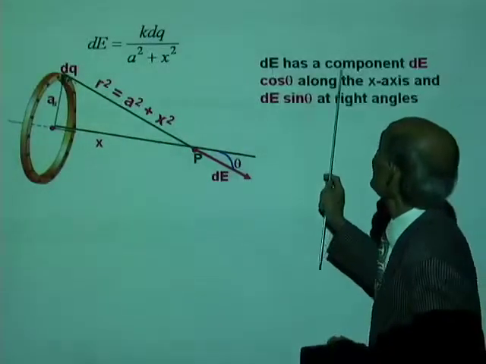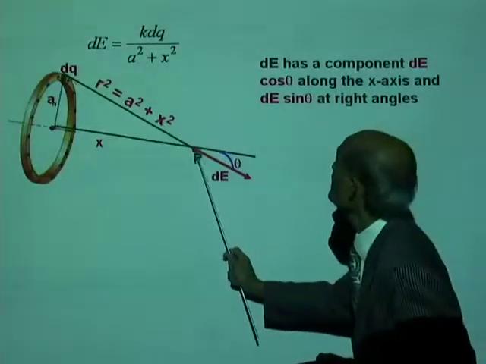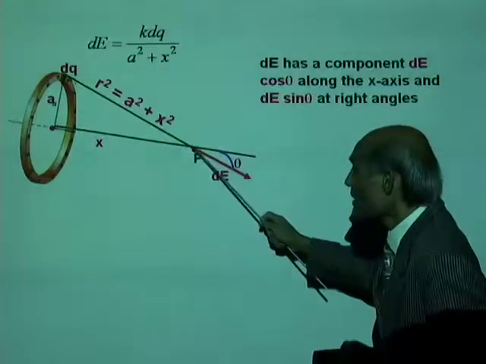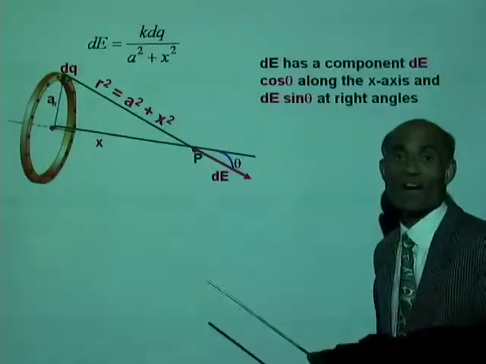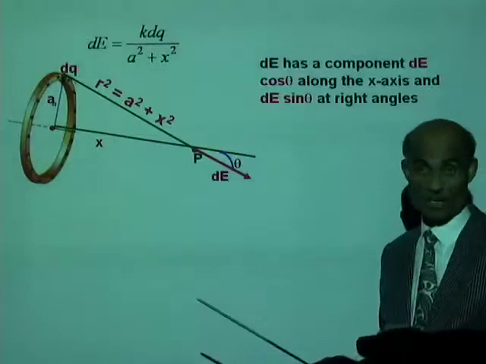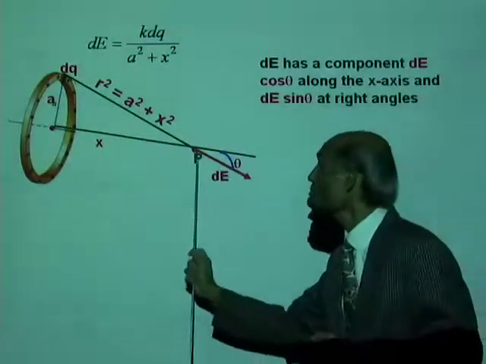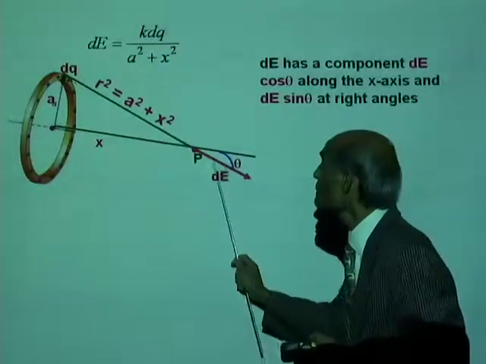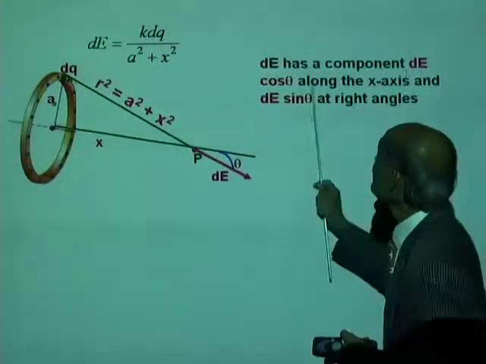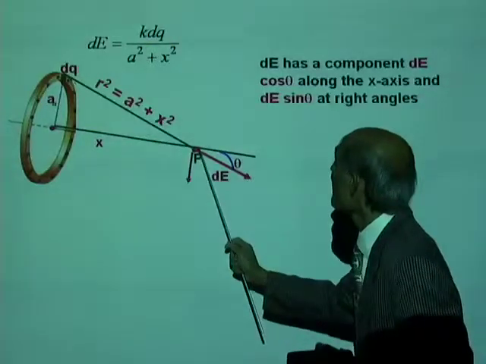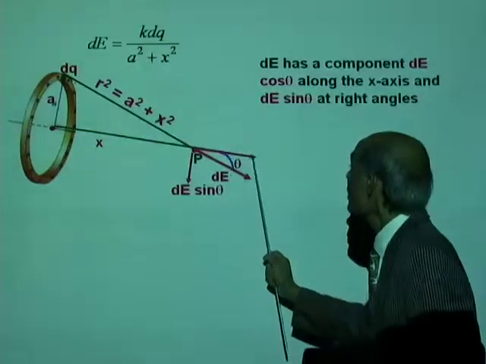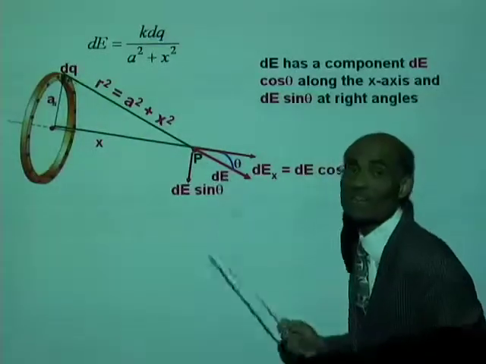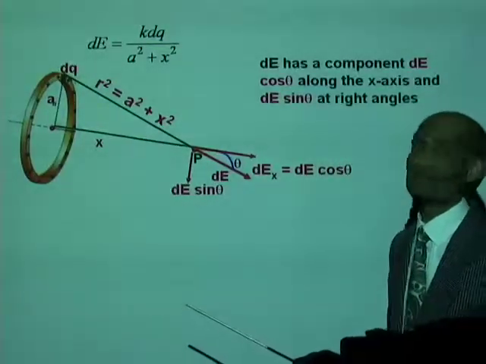Okay? dE has a component dE cos theta along the x-axis and dE sine theta at right angles to the x-axis. Is that right? Now you know how to break a vector into its x and y components. So this dE has a component dE cos theta in the x direction, and dE sine theta is the y component.